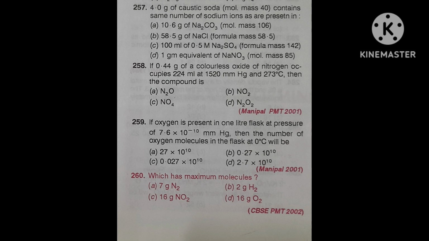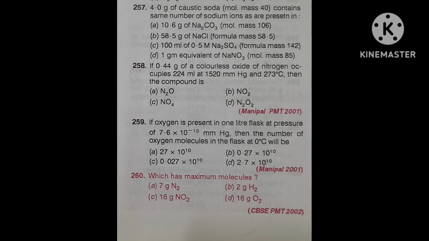The options are given in 10 to the power 10, so to match it, you will get option C, 0.027 into 10 to the power 10.